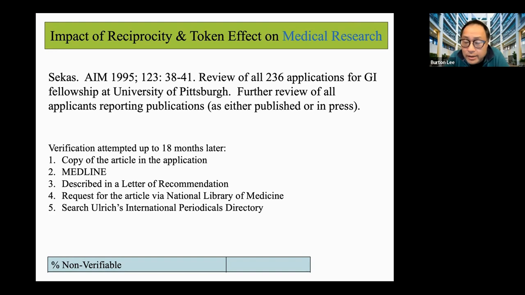All of this is to say they waited 18 months because they didn't want to deal with this in-press kind of situation, and they gave it plenty of time for that to be resolved. And then they went through exhaustive means to see, if an applicant claimed that they published a paper, how often are they not telling the truth?